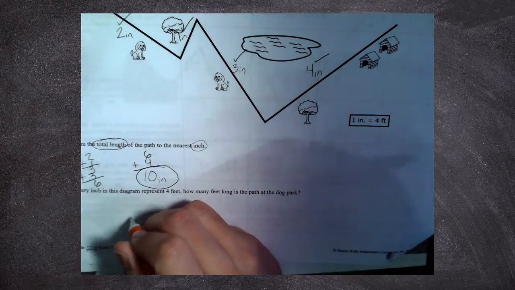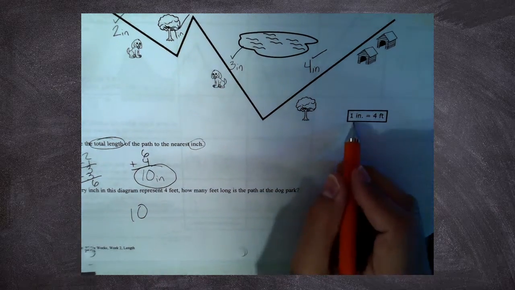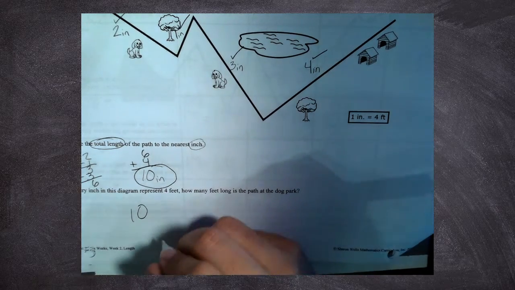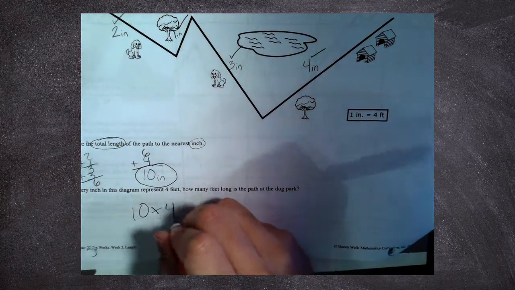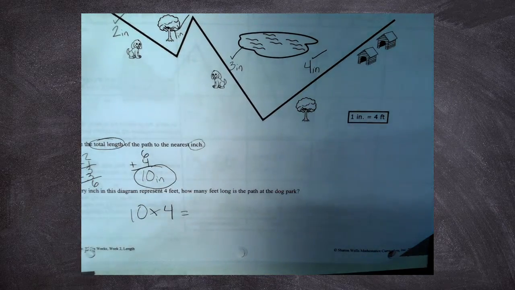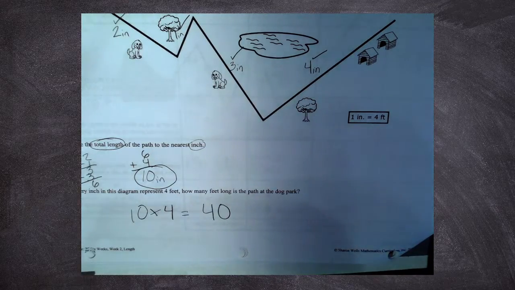So I know that in the picture, this is only 10 inches. But they told me that in real life, 1 inch equals 4 feet. I'm going to multiply 10 times 4. What's 10 times 4? Violet? 40. And now it's not inches anymore. It's 40 what, Violet? Feet. 40 feet.